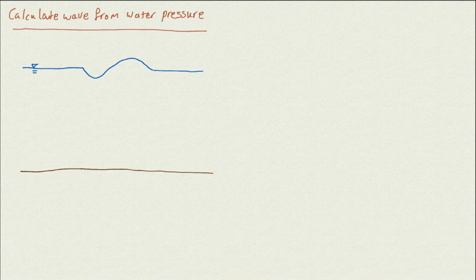Assume this is the depth of that water, which is going to be h. And we know that the effect of this wave, when we move down in the water column, the effect of the surface wave dissipates, attenuates in the water.